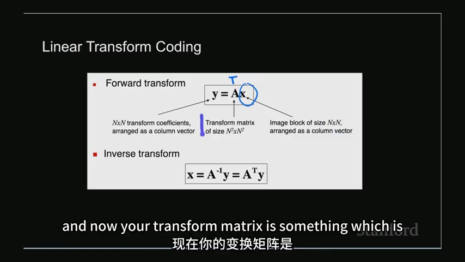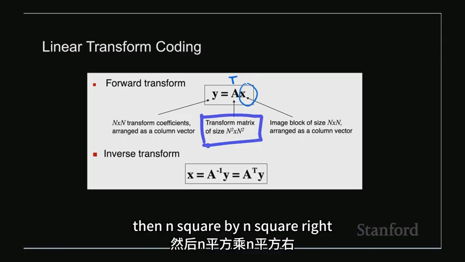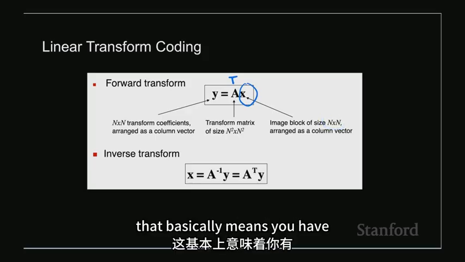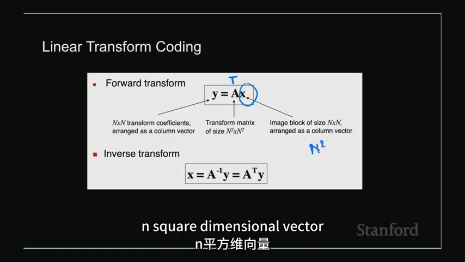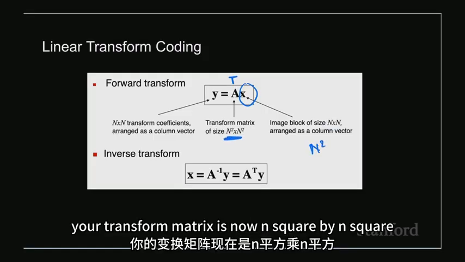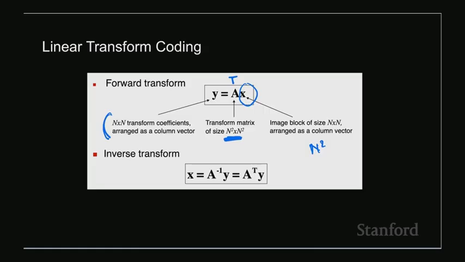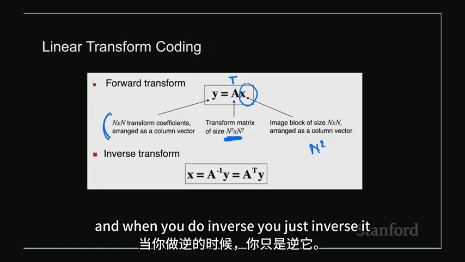And now your transform matrix is n square by n square, right? If you have an n by n block, that means you have an n square dimensional vector. So your transform matrix is n square by n square, and that gives you again n by n transformed components. And when you do inverse, you just invert it.